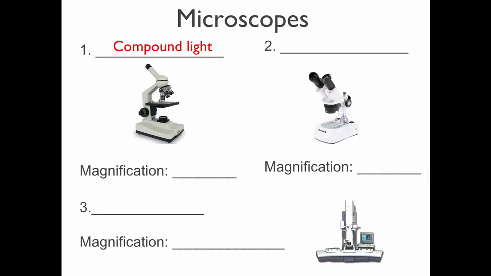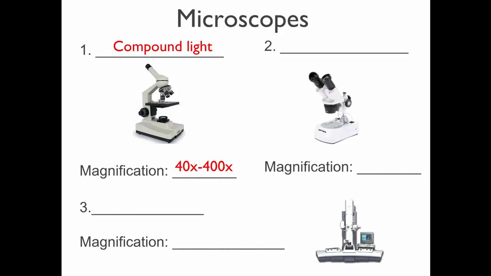And microscopes allow for the magnification of an image, so you can see things that are very small. And different types of microscopes are able to magnify an image different amounts. The compound light microscopes that we use are able to magnify an image from a minimum of 40 times to a maximum of 400 times.